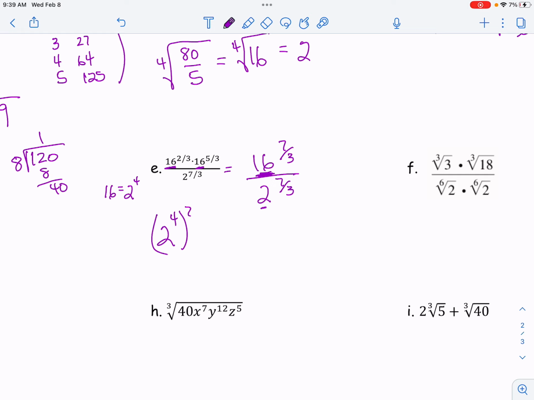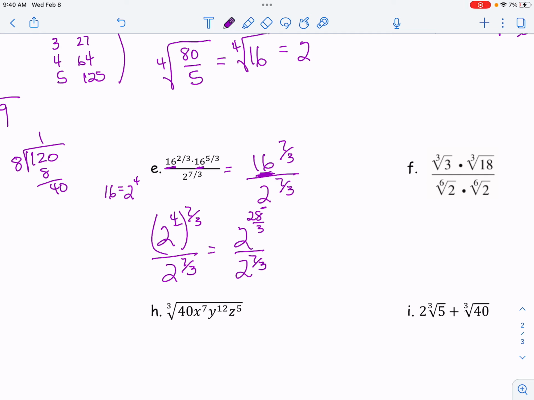Everything else stays the same. So I get this. Well, this is power to a power, 2 to the 4th raised to 7/3. That would give me 2 to the 4 times 7 is 28 over 3.